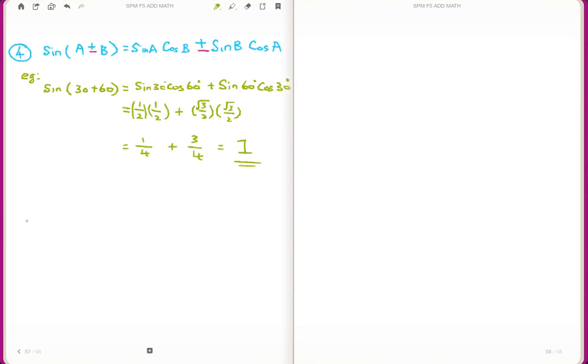Okay, next, the fifth one. Let me change it back, synchronize the color. Number 5. You have sine and you have cos.